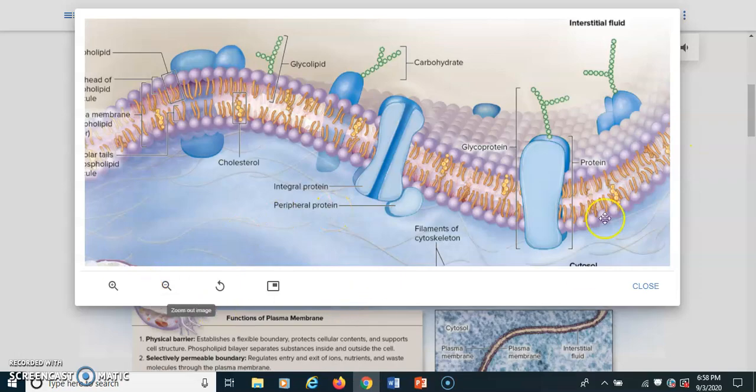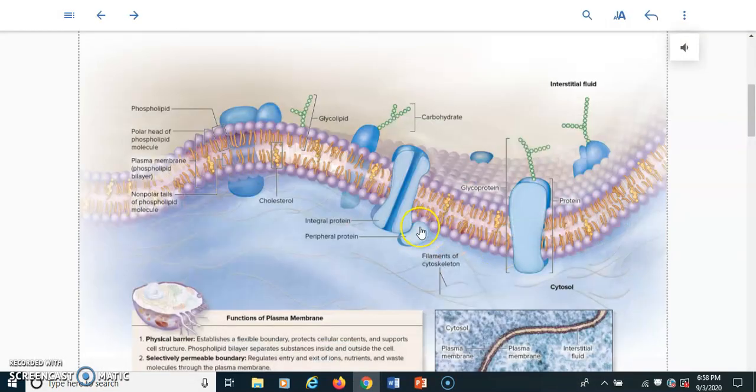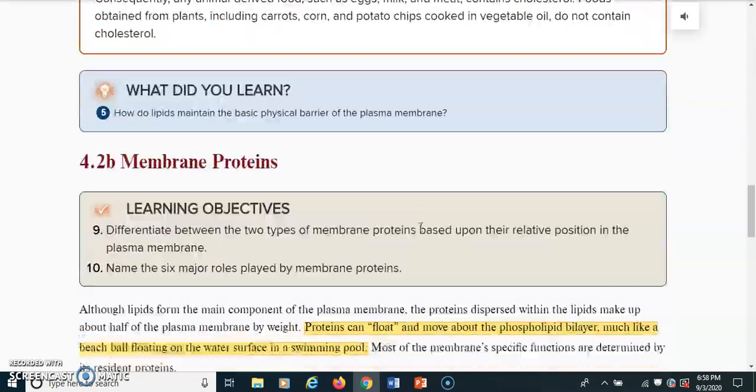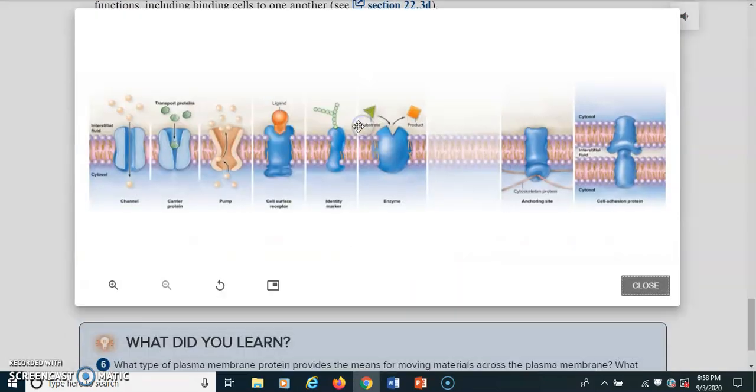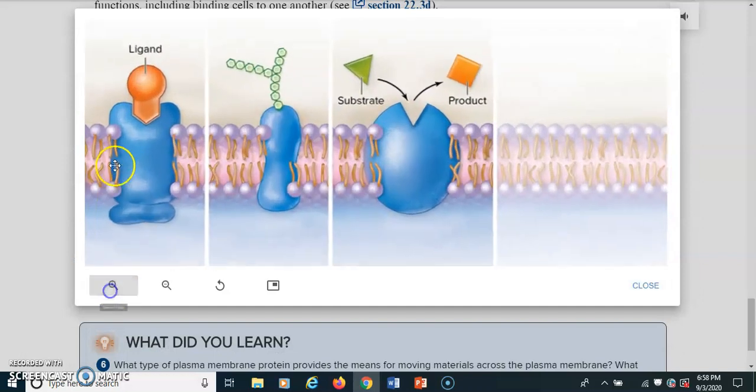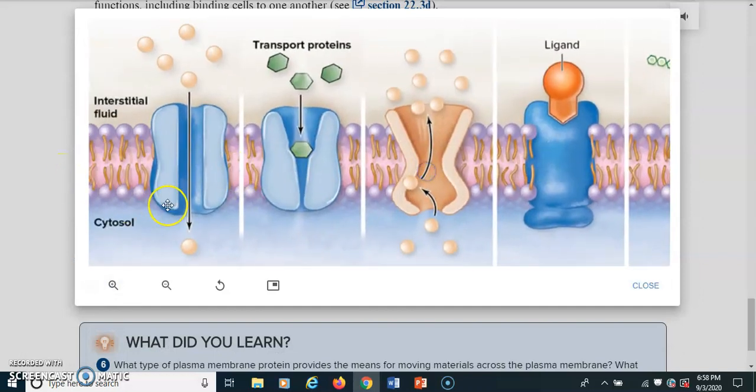All right, so let me go to our picture down here, because they did a picture here where we have our phospholipid bilayer, and then they drew proteins embedded in this phospholipid bilayer, and then they put their functions at the top.